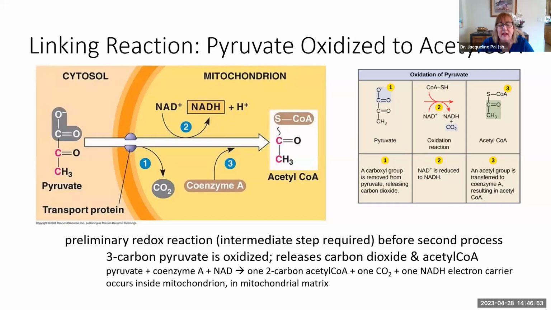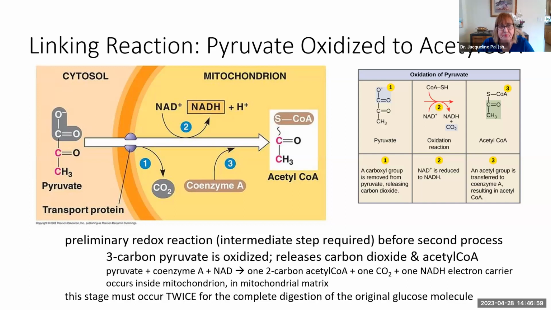We make a high energy carrier, we release some CO2, and we end up with acetyl-CoA. Now recall, since we end up with 2 pyruvates for 1 glucose molecule, this is going to happen twice, so 2 NADHs would be produced.